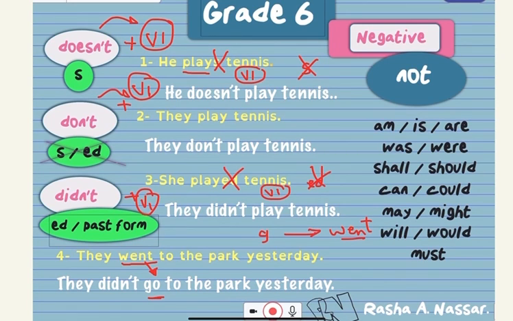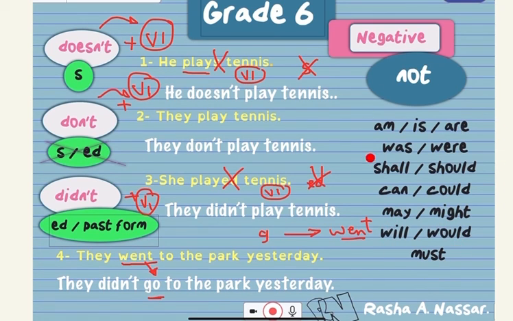Today's lesson, there is something new. It is a new way of making negative in today's lesson: we will use only not. This will happen when you see am, is, are, was, were, shall, should, can, could, may, might, will, would, or must.